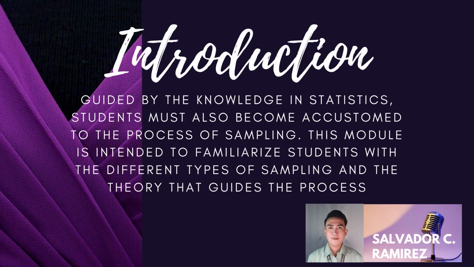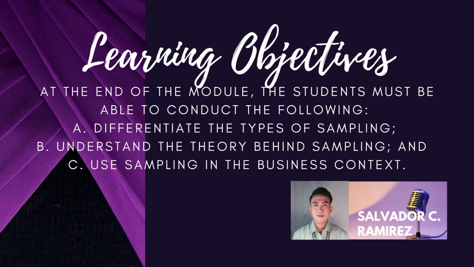Start with the introduction. Guided by the knowledge of statistics, students must also become accustomed to the process of sampling. This module is intended to familiarize students with the different types of sampling and the theory that guides the process. Learning objectives.